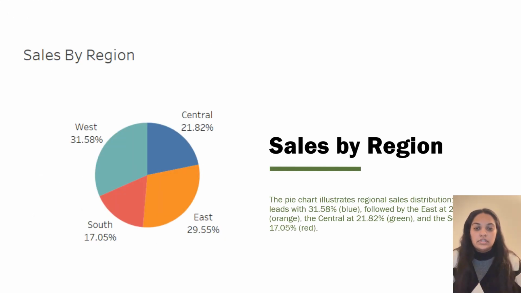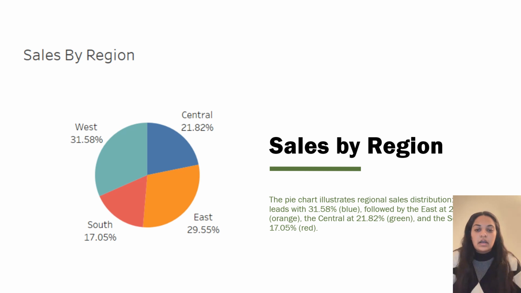Following the next slide, which is the sales by region, the pie chart illustrates regional sales distribution. The West leads with 31.58%, that is the blue part of the pie chart, followed by the East, which is at 29.55%, that is the orange part of the pie chart, and the Central at 21.82%, which is the green part.